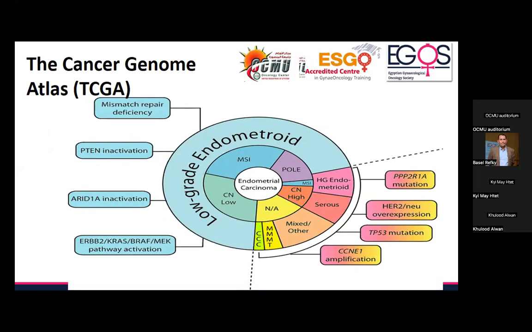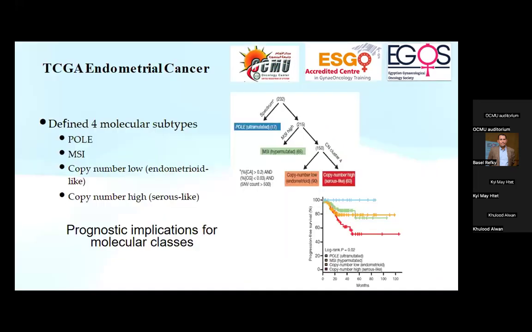There are multiple gene defects, but only 4 molecular subtypes have been used to classify endometrial cancer, with prognostic effect: POLE mutated, microsatellite instability, copy number low, the endometrioid-like, and copy number high, the serous-like. What is the difference in this molecular classification? There is a defect in the genetic mutation of such a group of patients, and it has a prognostic effect.